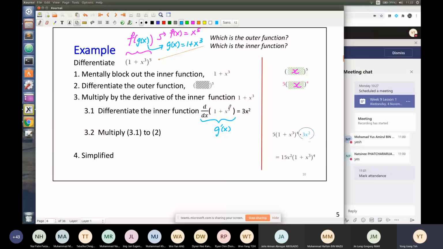So what is the final step? The final step is just to multiply the two together. So eventually, f prime of x is simply f prime of g multiplied by g prime of x. I just use my chain rule here. So finally, I have 5x to the power of 4 multiplied by g prime x, which is 3x squared.